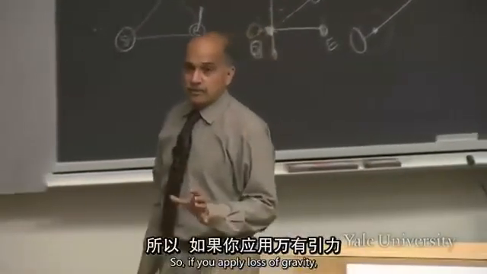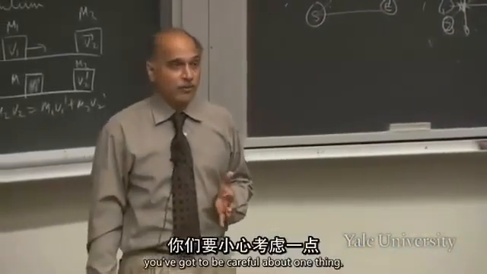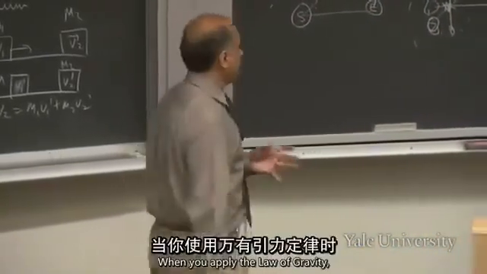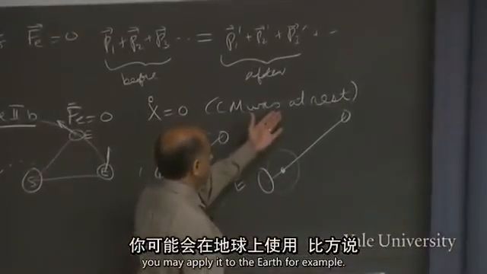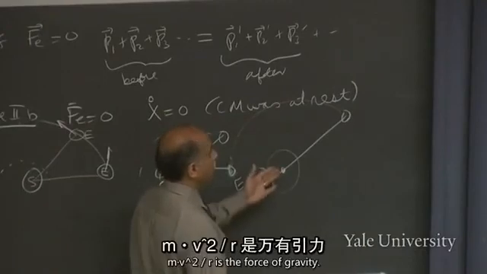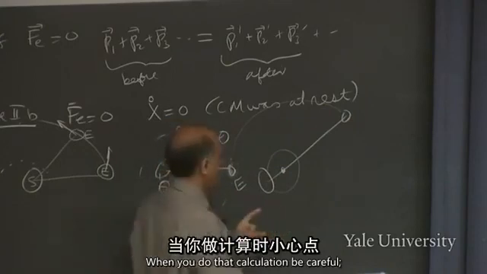So if you apply laws of gravity, I've given you a homework problem. You've got to be careful about one thing. When you apply the law of gravity, you may apply it to the earth, for example. Then you will say the centripetal acceleration, mv squared over r, is the force of gravity. When you do that calculation, be careful.